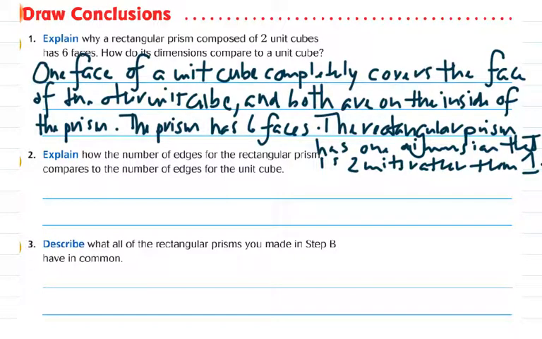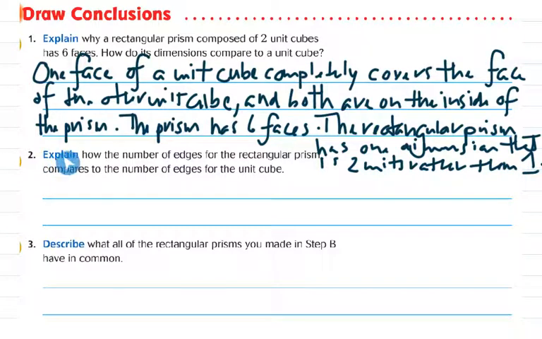So what we could say is the one face of a unit cube completely covers the face of the other unit cube, and both are on the inside of the prism. The prism has 6 faces. So the rectangular prism has one dimension that is 2 units rather than 1.